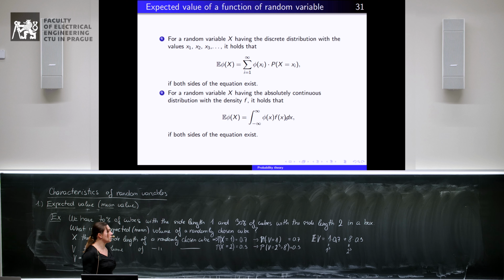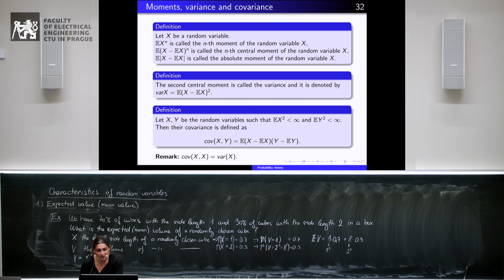And that's all. I won't show you the example for the continuous case because we will calculate much more of these characteristics later. So I will skip it now, and I will slowly go to the second characteristic we will use in this lecture, and this characteristic is called the variance.